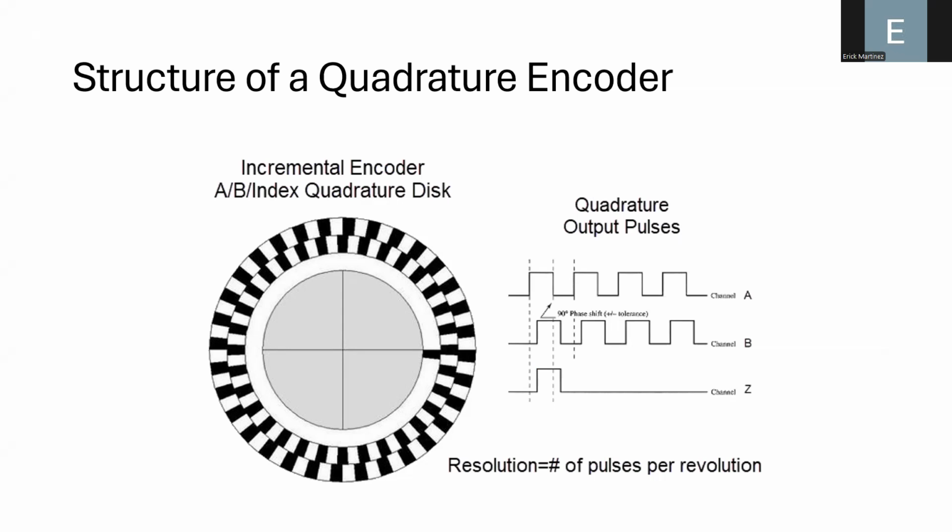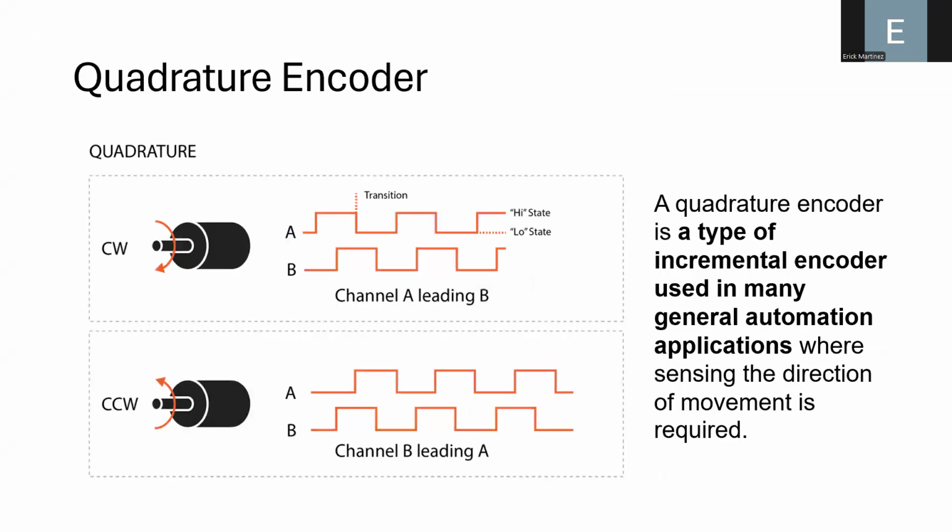And based on the signals produced by those infrared sensors, which are labeled as channel A and channel B, we can know the direction in which the motor is turning. Okay, so we want to produce two different signals that are called channels. And based on the phase difference between these two waveforms, we can know if the motor is moving counterclockwise or clockwise. Okay. So this is another type of sensor that you can encounter and is widely used.